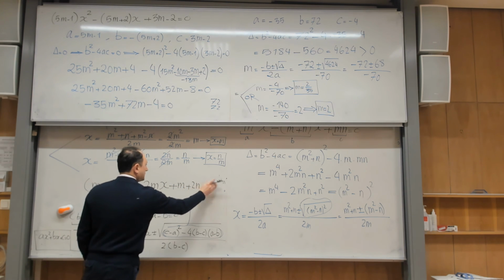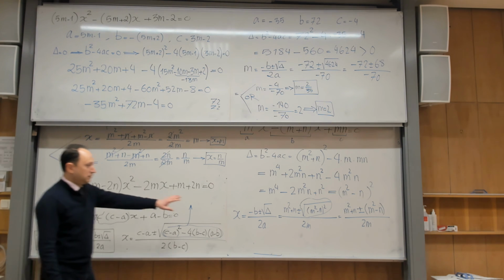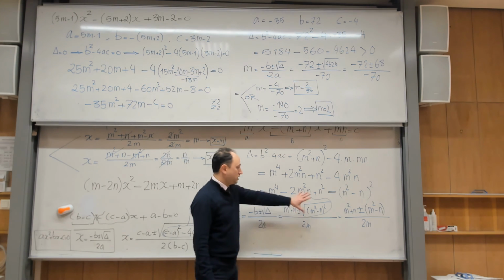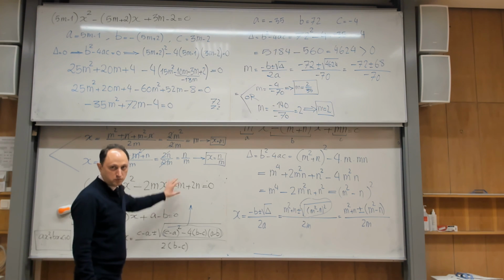Yeah, this is easier than the previous one even. So if you are interested, solve this one and do not just stop here. Of course, in principle, when I say solve, you can stop here. But I am asking solve and simplify as much as possible.